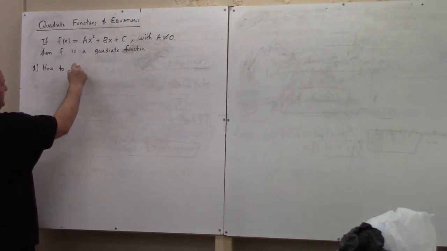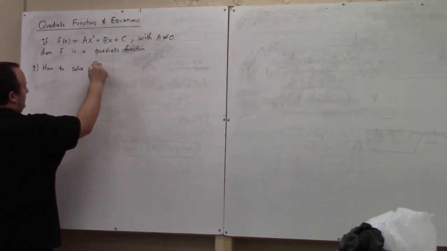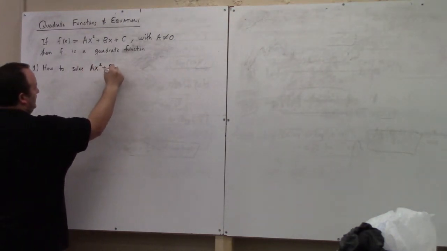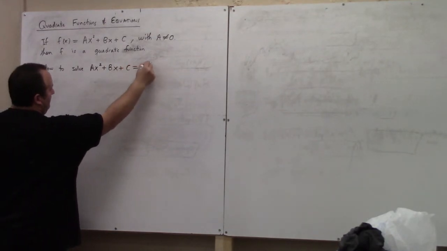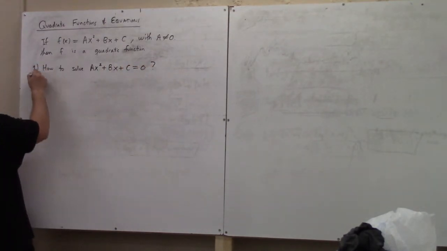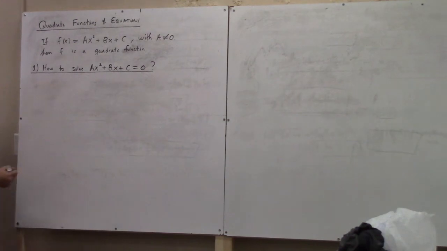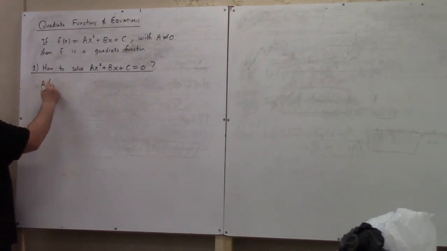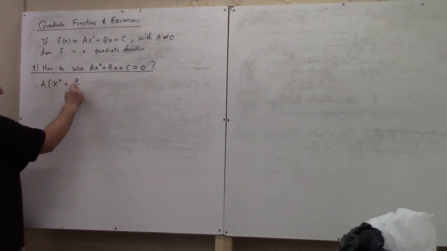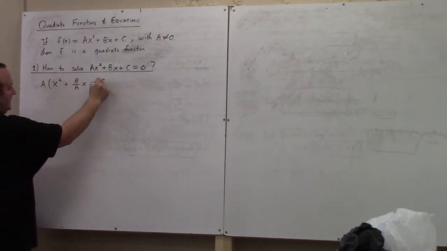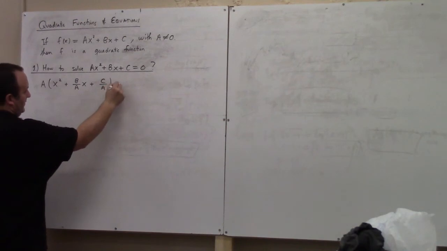How to solve ax squared plus bx plus c equals 0. One way we can do it is just to factor a out. If we factor a out, we have a times x squared plus b over a times x plus c over a equals 0.